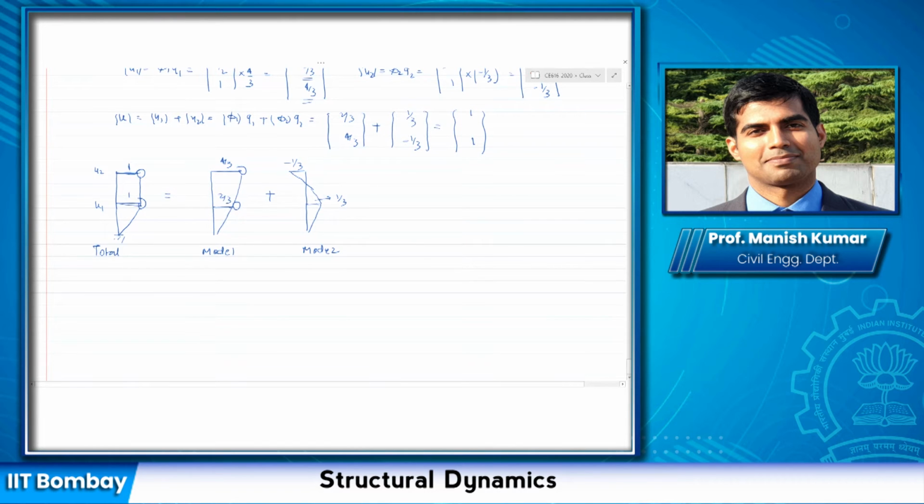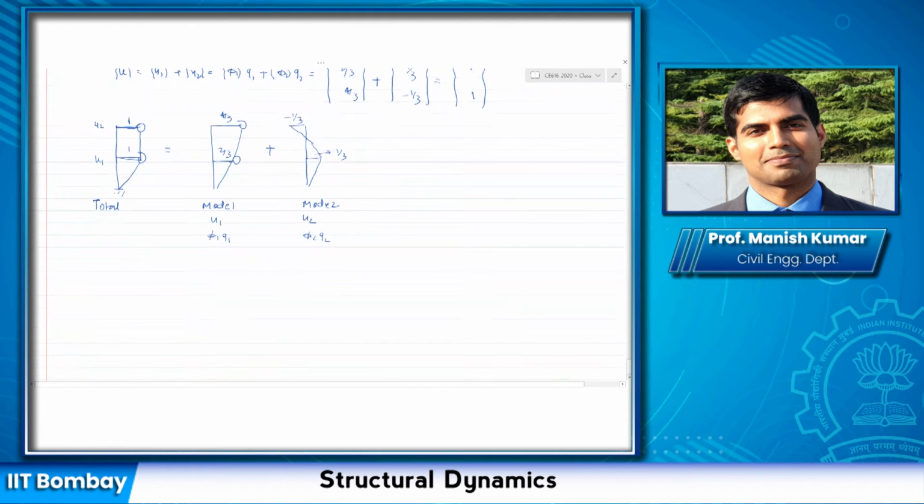So this response U1, U2 I can also write as phi1 times Q1 plus phi2 times Q2, or if you want to write it in terms of values substituted here, 4 by 3 times phi1 minus 1 by 3 times phi2.